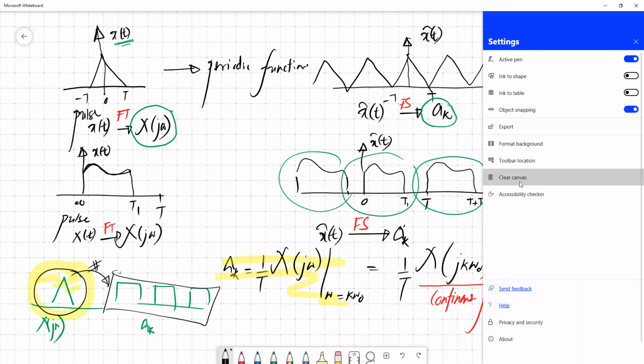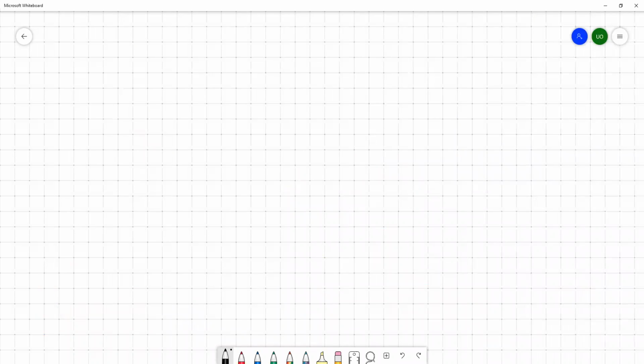So next we'll discuss one simple example. This is the exercise given in your paper. x(t) is defined like this: x(t) is 1 for |t| less than T1, and 0 otherwise.